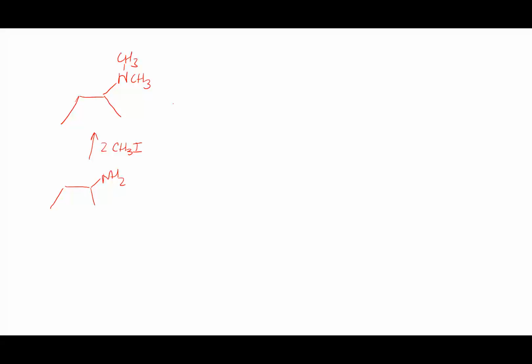Then I'm going to treat this molecule with an oxidizing reagent. I'm just going to put the oxidizing reagent for the moment in parentheses. And then I'm going to give you a specific one, a peroxy acid. And so now I'm going to change that nitrogen into this.